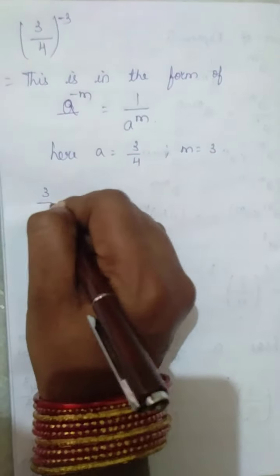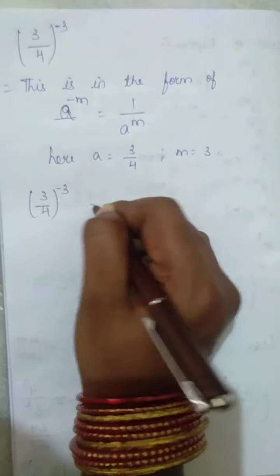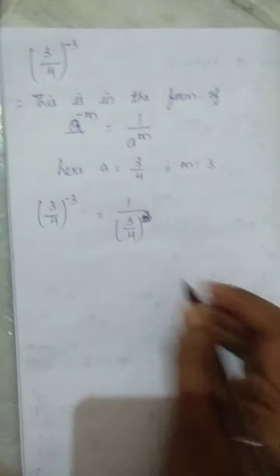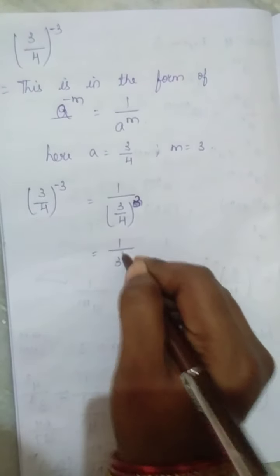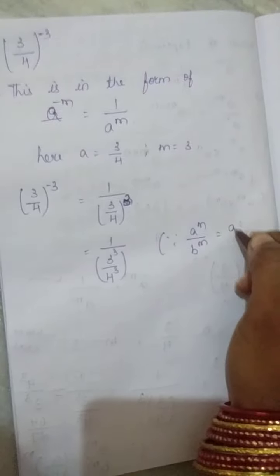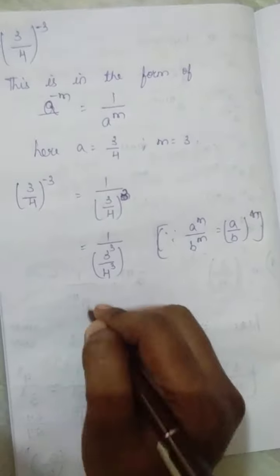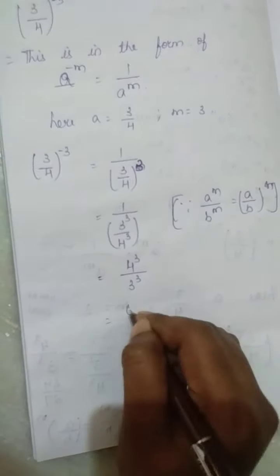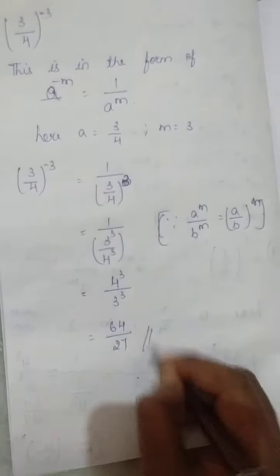Now, write down 3 by 4 whole to the power of minus 3 equals 1 by 3 by 4 whole to the power of 3. From here, 1 by 3 cube divided by 4 cube. How? Since a power m by b power m equals a by b whole power m. From here, 4 cube divided by 3 cube. 4 cube is nothing but 64. 3 cube is nothing but 27. Clear? This is your answer.